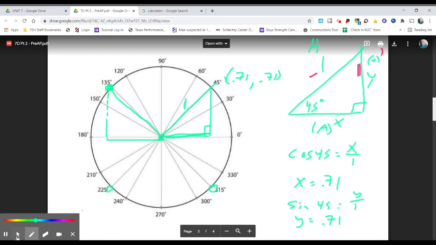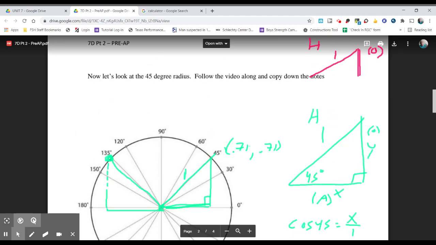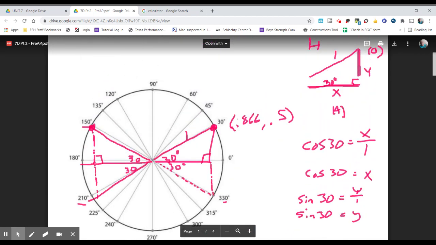What happens here, ladies and gentlemen, is when we're looking at this unit circle, we saw from up here that our x value was the cosine of our angle, and the y value was the sine of our angle. Again, the x value is the adjacent, the y value is the opposite.